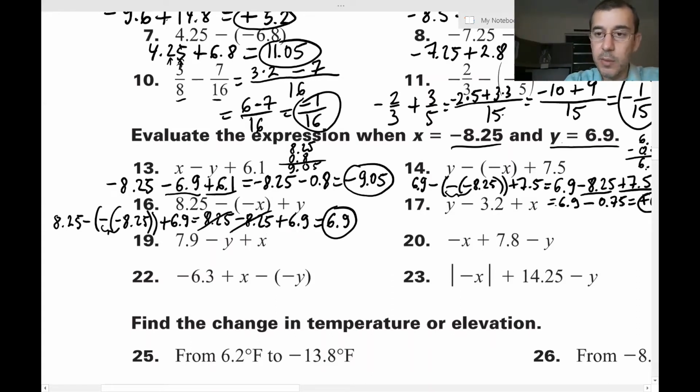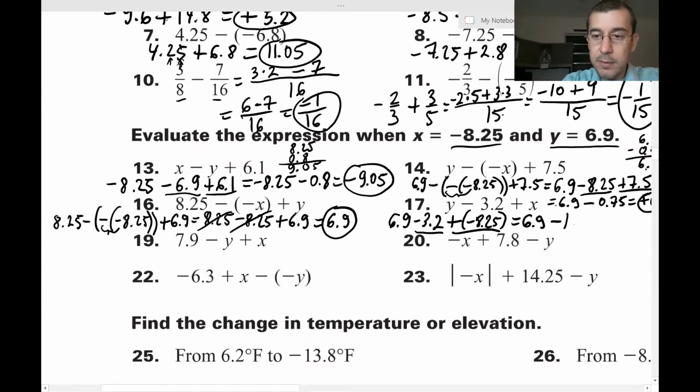17, we have y, 6.9. 6.9 minus 3.2 plus x. X is minus 8.25. So let's add up the two negative numbers. So we have 6.9, and then we're adding up two negative numbers. So minus 8 and 3 is 11.